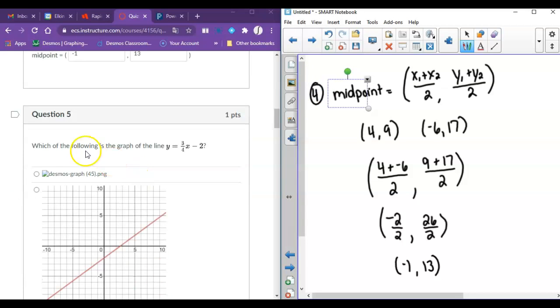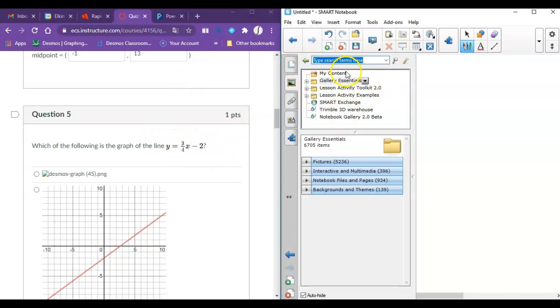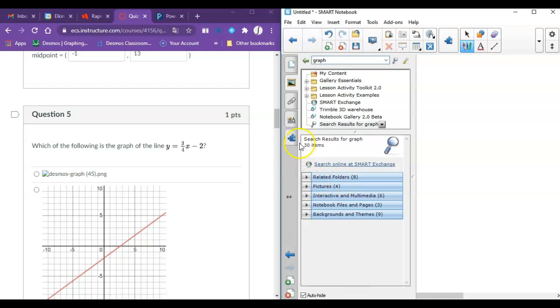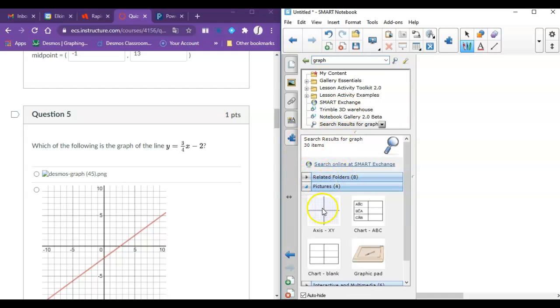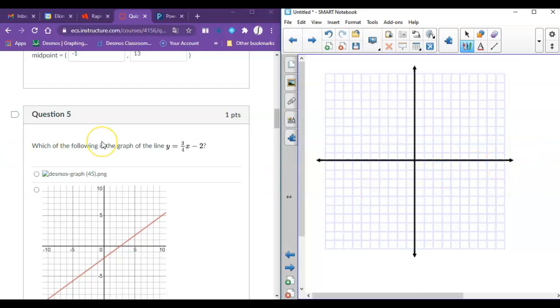Let's move on. Number 5 is going to ask us to graph the equation y equals 3/4 x minus 2. So I'm going to pull up a graph over here. For this one, we would have a y-intercept at negative 2, and we have a slope of 3 over 4.